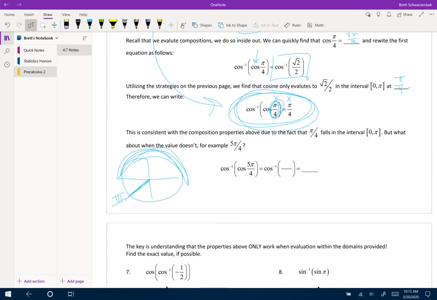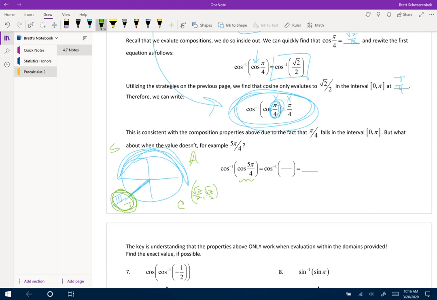First, let's find the cosine of 5 pi over 4. We know that the reference angle for 5 pi over 4 is just pi over 4, so we're dealing with root 2 over 2. The question is, in what quadrant are we? We determined that's quadrant 3. Using all students take calculus, we know that cosine is negative in quadrant 3.